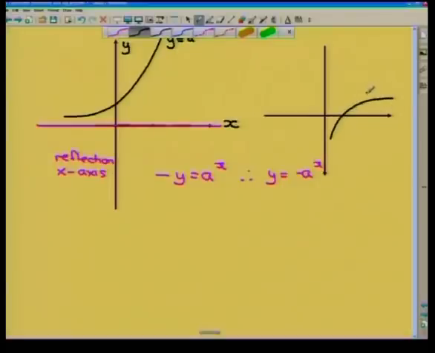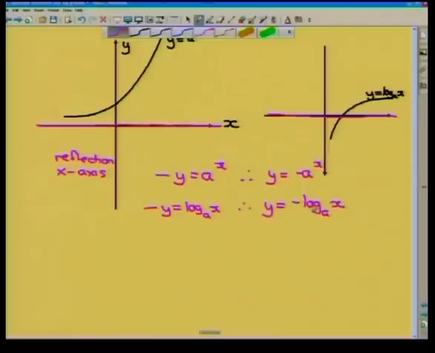Now if it's y equals log to the base a of x, and once again I'm using symmetry here, then I know that the sign of y would change. So that's minus y equals log to the base a of x, which means then that y equals minus log to the base a of x.